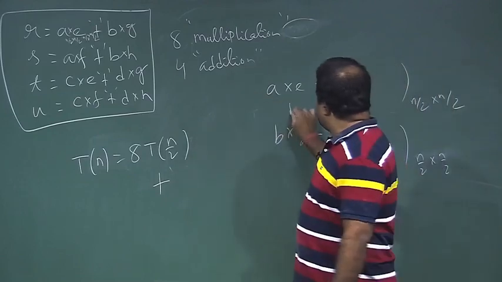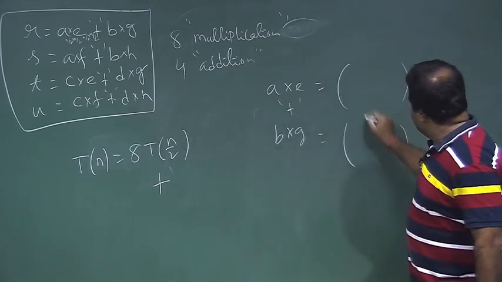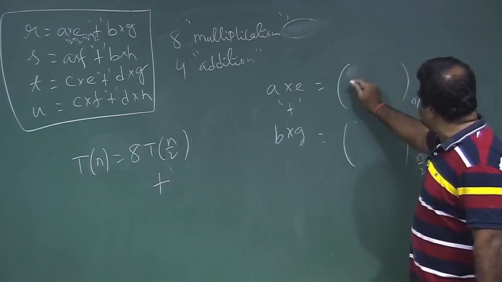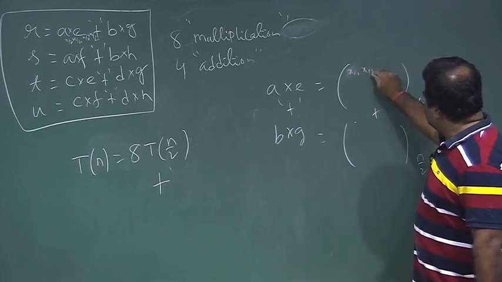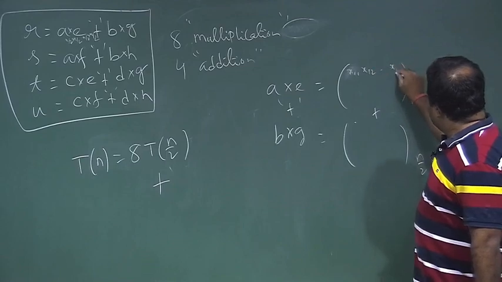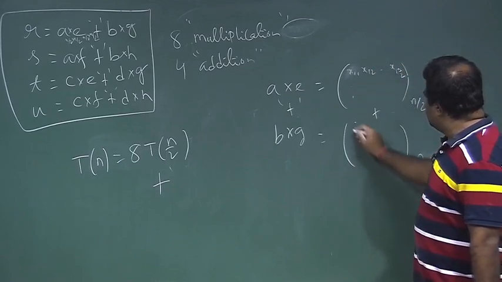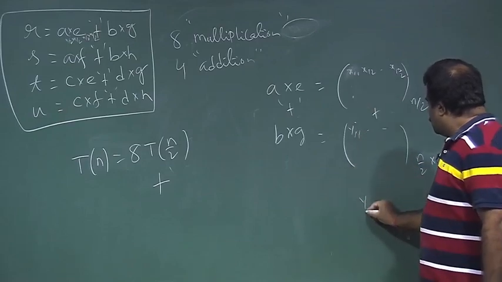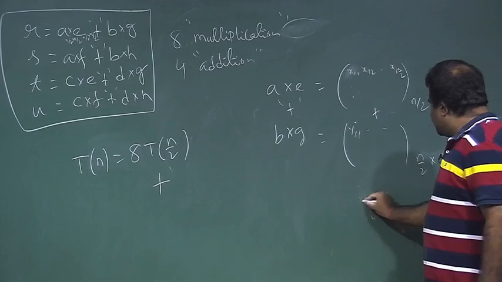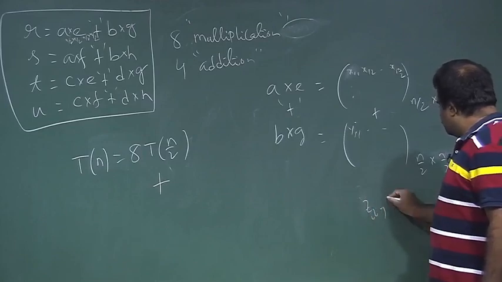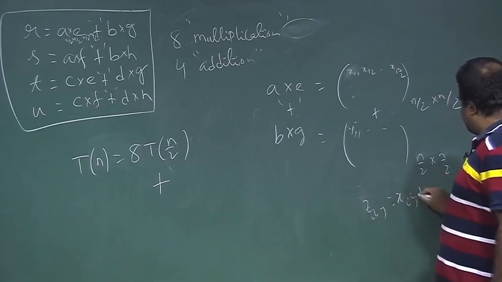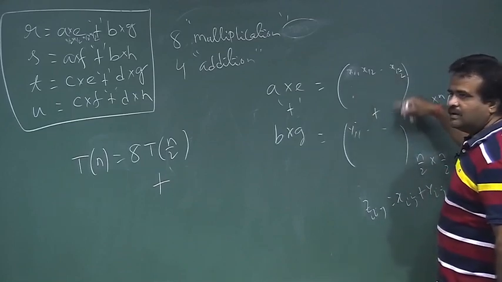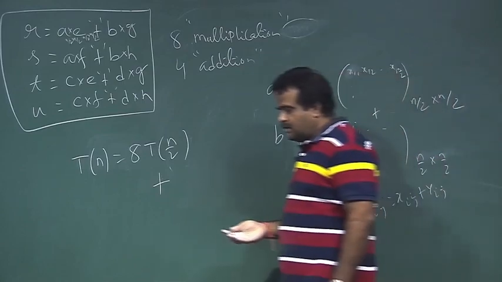Now, this addition means we are just adding, like if this is a matrix x 1 1, x 1 2, up to x 1 n by 2, and this is y 1 1 like this, then the addition z i j is x i j plus y i j.